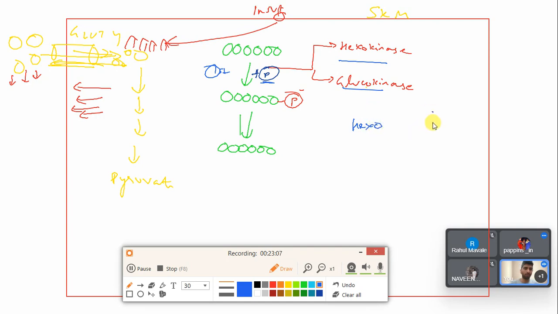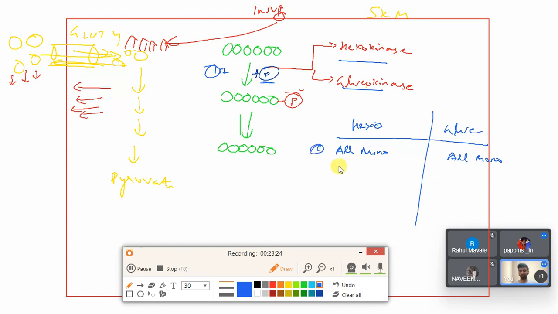So let's discuss these two, hexokinase and glucokinase. First of all, we have learned that they act on all monosaccharides. So that's the first point.